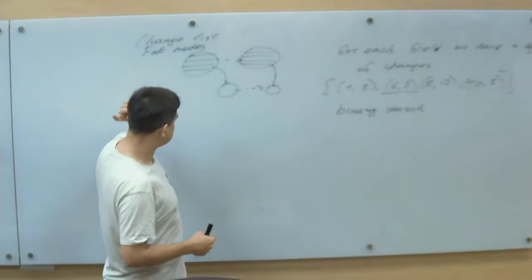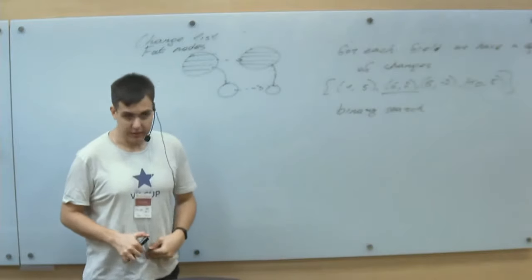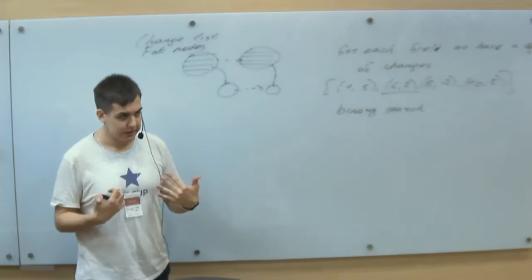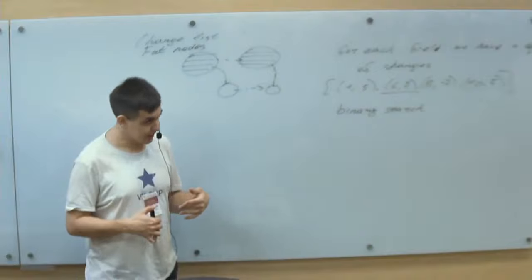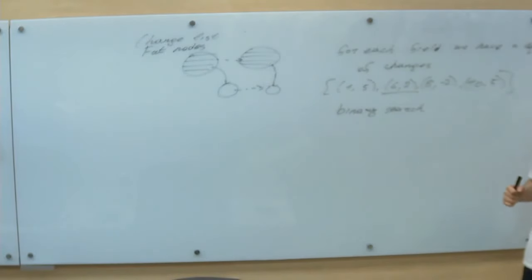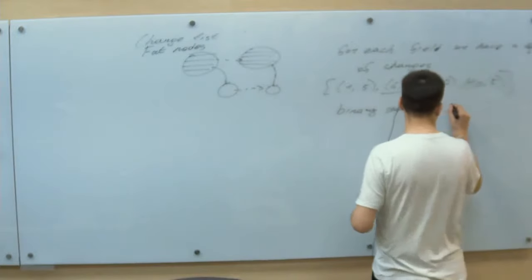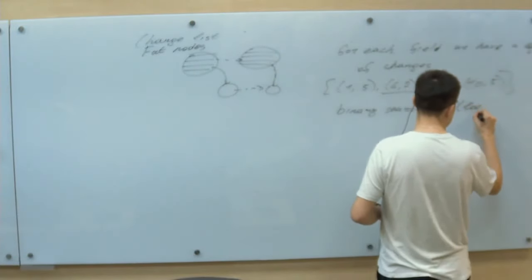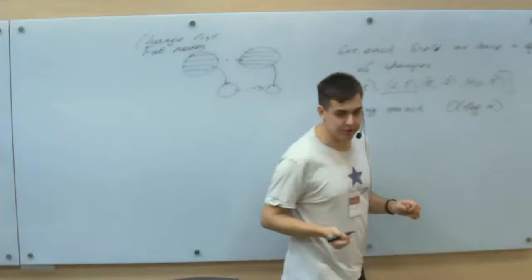So fat nodes: we don't copy, which is a good thing. But now we have binary search. So not only do we store additional memory for each change, but we also need to do binary search every time we access some field. So we get a log n multiplier.